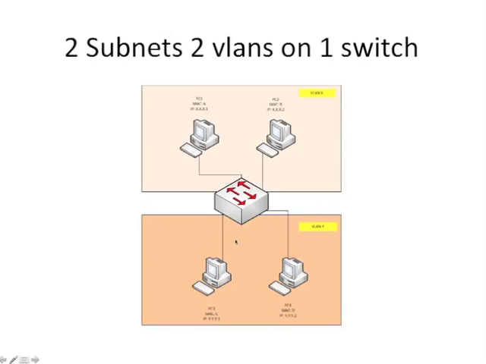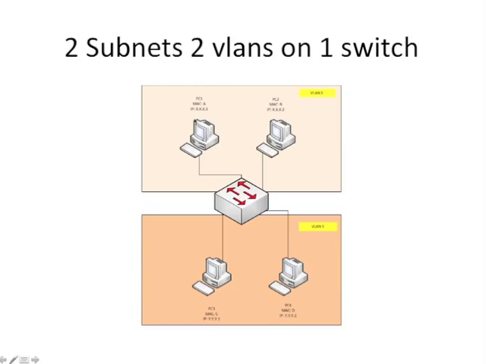With VLANs, we configure the switch in a way that says, hey, the port that PC1 is connected to and the port that PC2 is connected to are considered in VLAN X. And the port that PC3 is connected to and the port that PC4 is connected to is in VLAN Y. So we configure our switch in that way, and now these PCs are logically separated from these PCs. Their frames cannot reach each other's interfaces because the switch won't let that happen.